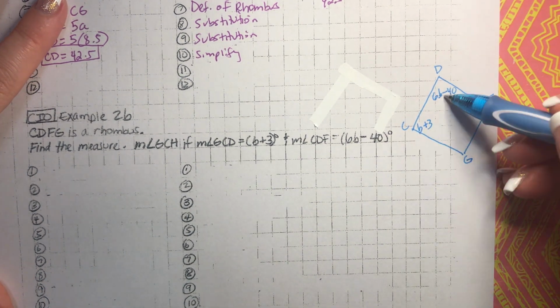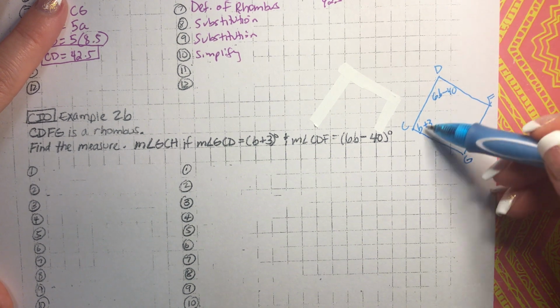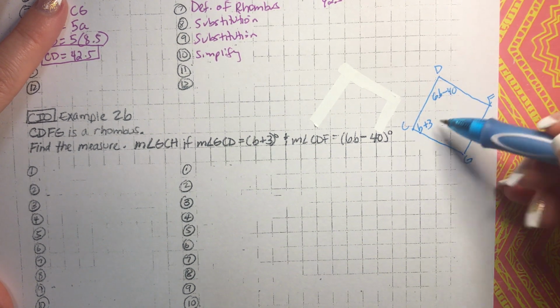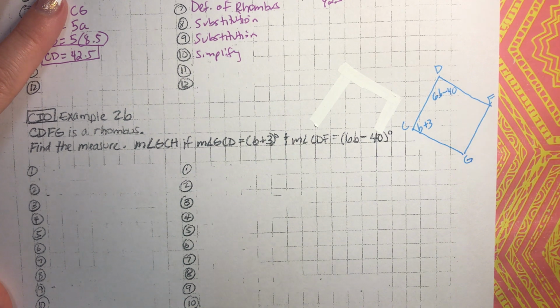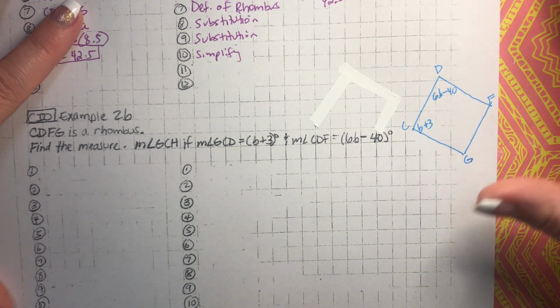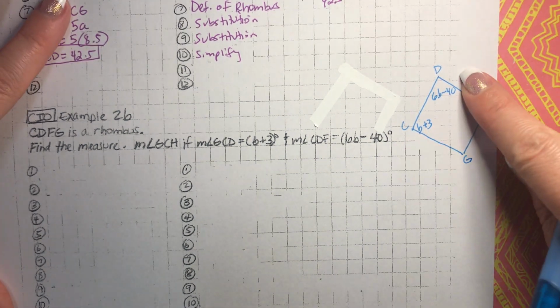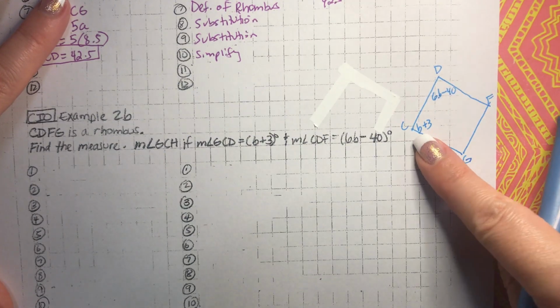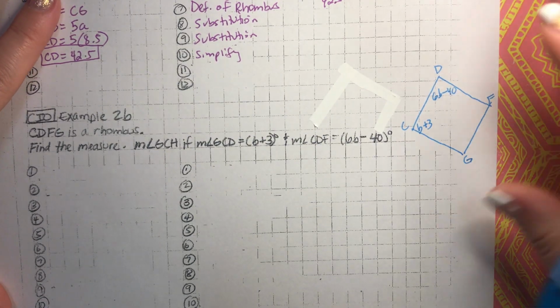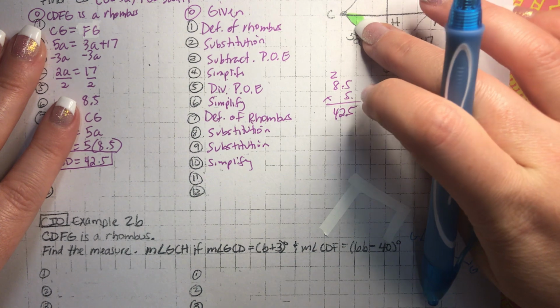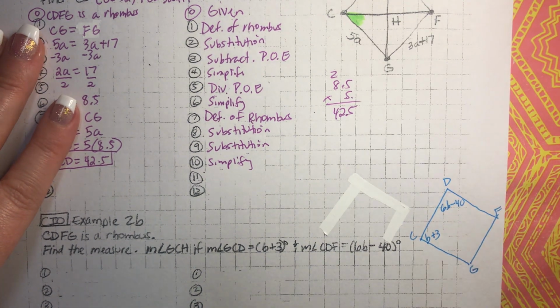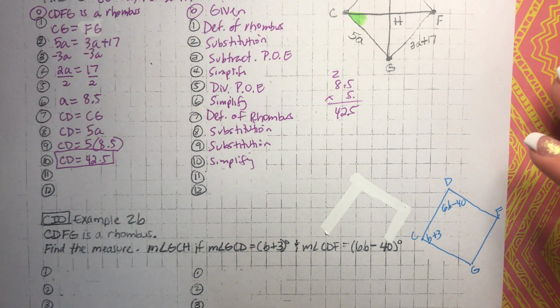And so if it's a parallelogram, these consecutive angles are supplementary. So I know this angle plus this angle equals 180 degrees. So that's going to give me my equation so I can figure out what B is. Then once I have B, substitute it in. And then basically I can figure out what this is because it's just going to be half of whatever this angle is. Okay, so I think that's the direction we're going to go.